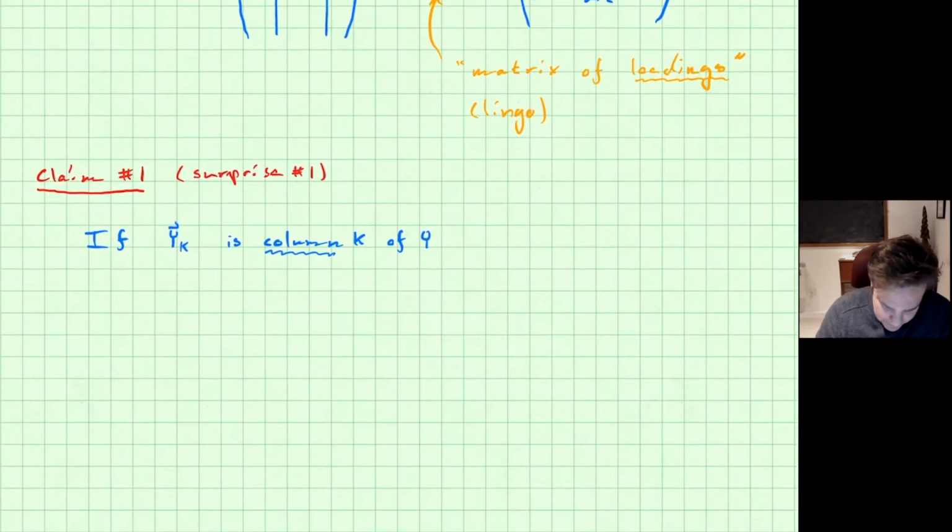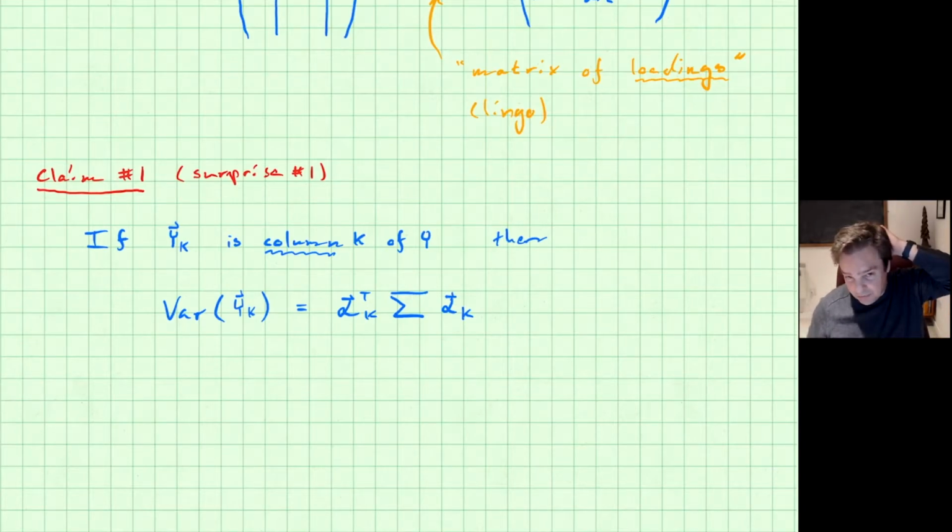Then the variance down that column, the variance of Y_k, just the variance of all those elements, turns out to be equal to the following: alpha_k transpose times the covariance matrix of X, which we'll write as sigma, times alpha_k.